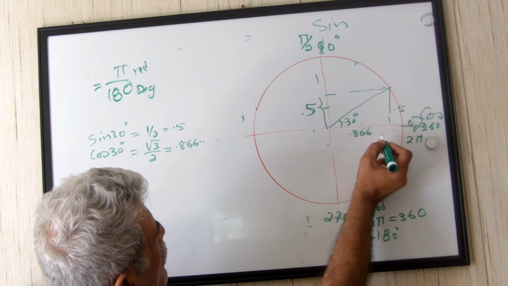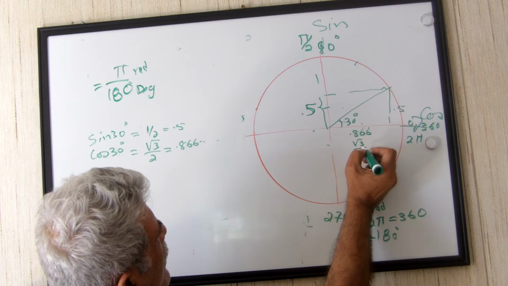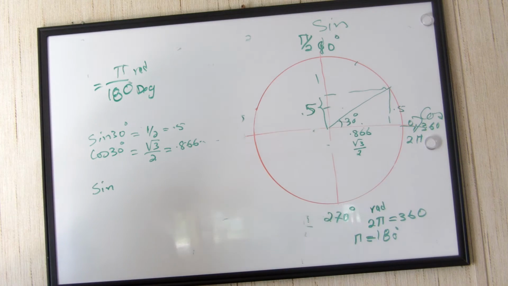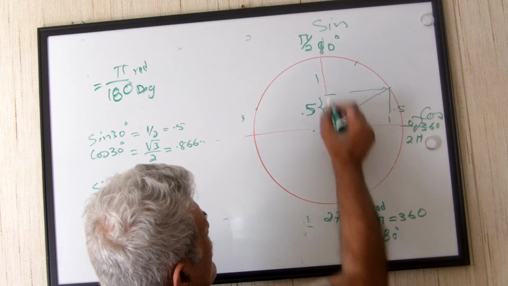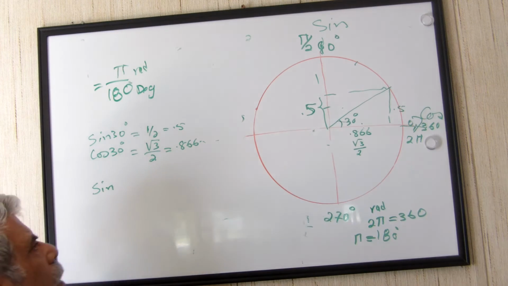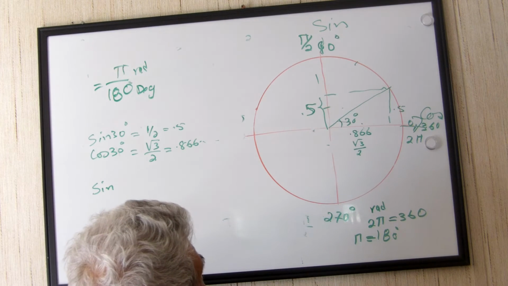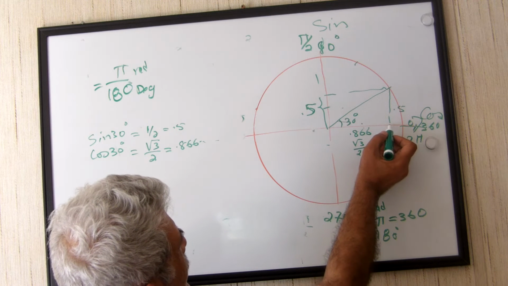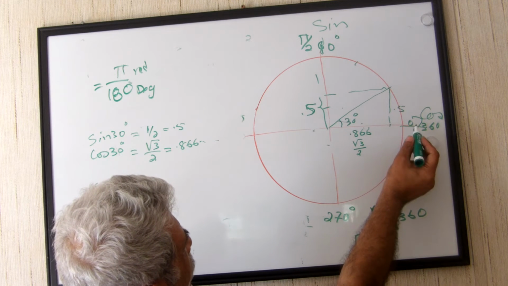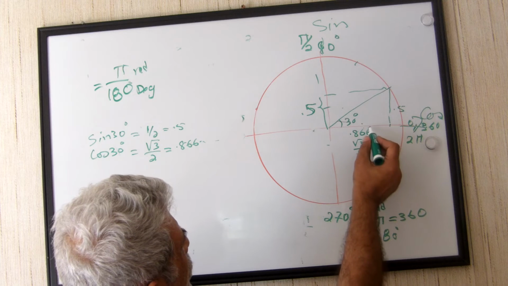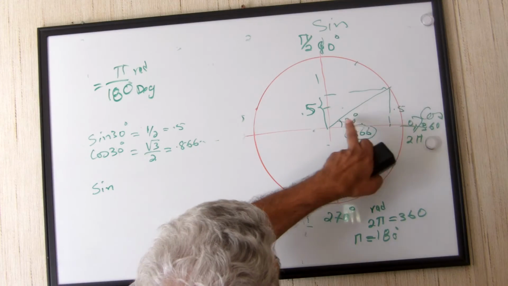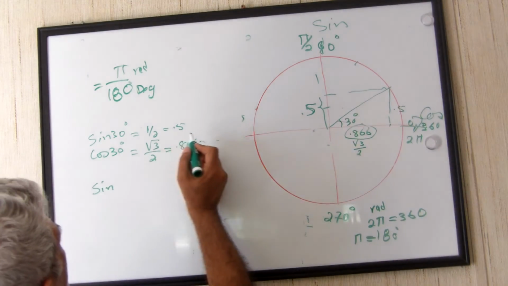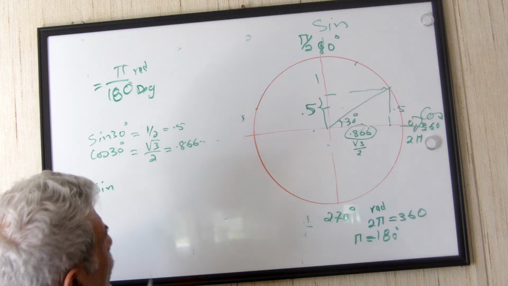We write it in decimal form, but the exact number is square root of 3 over 2. We say sine of 30 is 0.5 because it is on the sine axis. We find the coordinates: the cosine of 30 is this one, and the sine of 30 degrees is 0.5.